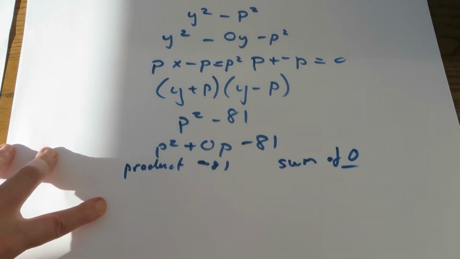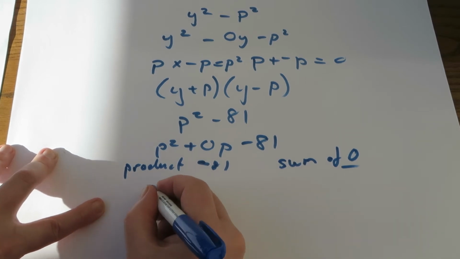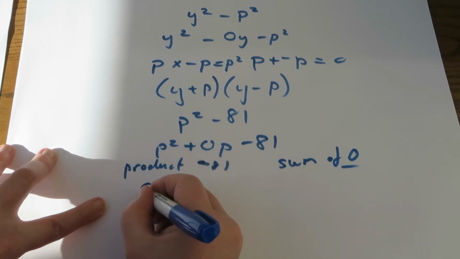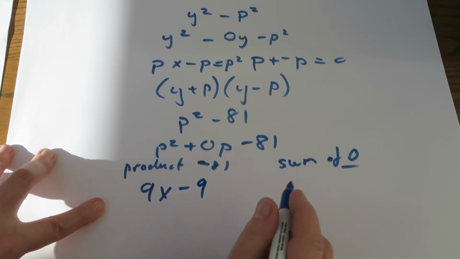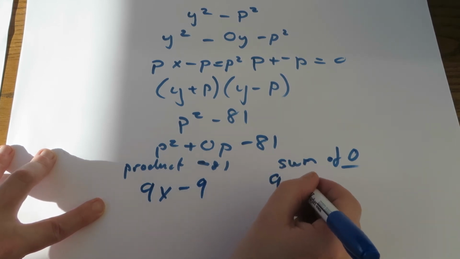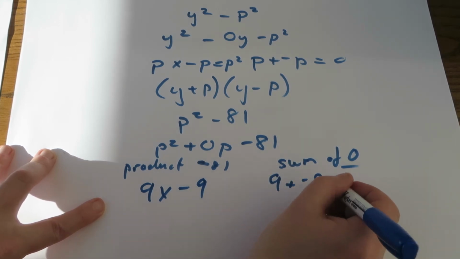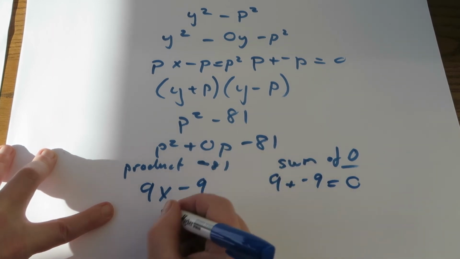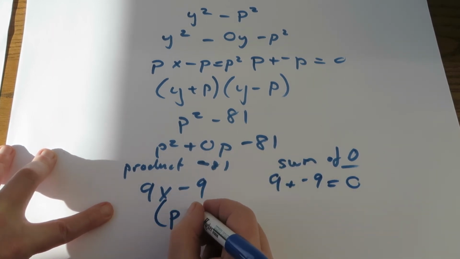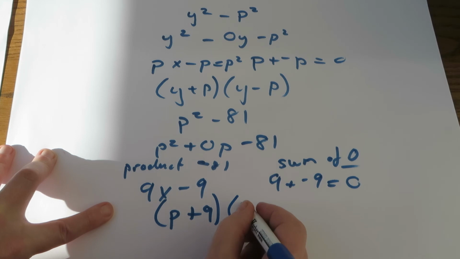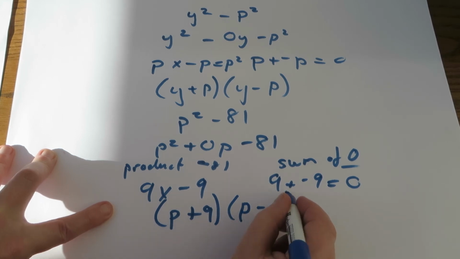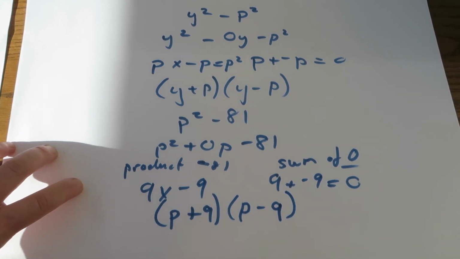The number I can think of that gives me 81 is 9. So to get minus 81, it must be 9 times minus 9. And look, 9 plus minus 9 gives you a 0. So to factorise that, it would be p plus 9 multiplied by p minus 9.